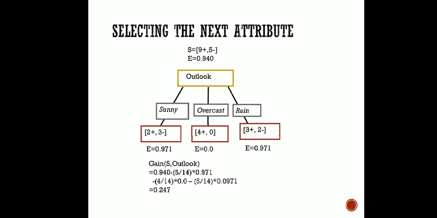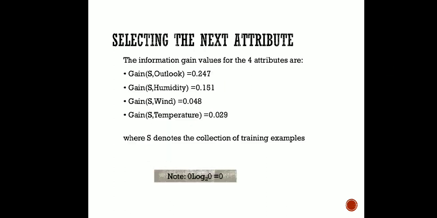Similarly, for wind we can calculate it. Similarly, we will calculate it for outlook as well. Just see here, instead of 2 different choices, outlook has 3 different choices. Now just look at the information gain, and we have not shown it for temperature. You can just try it on your own.